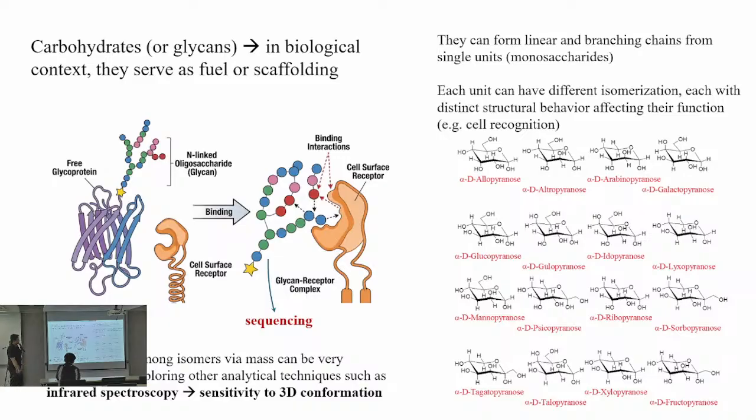And the thing with IR is that these bond stretching modes are highly sensitive to the overall 3D conformation. So if we are using this as an analytical tool, we want to know what the structure looks like, right? And usually in an actual system, these structures are the low energy structures, right? And so exploring the conformational space is quite important.